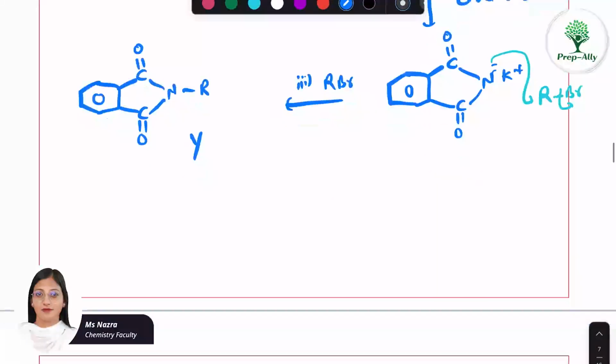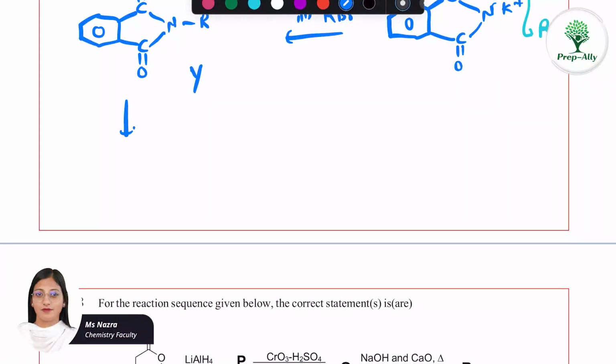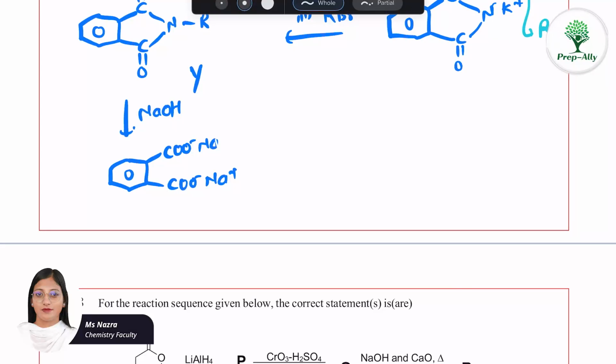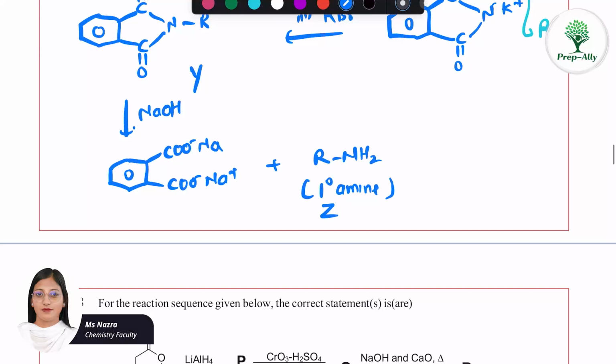It will result in the formation of an aromatic compound and the Z. When you add NaOH or KOH, treating it with this base, it will result in the formation of Na plus, COO minus Na plus, the sodium salt of phthalic acid, plus RNH2, a primary amine. This is your Z, primary amine.